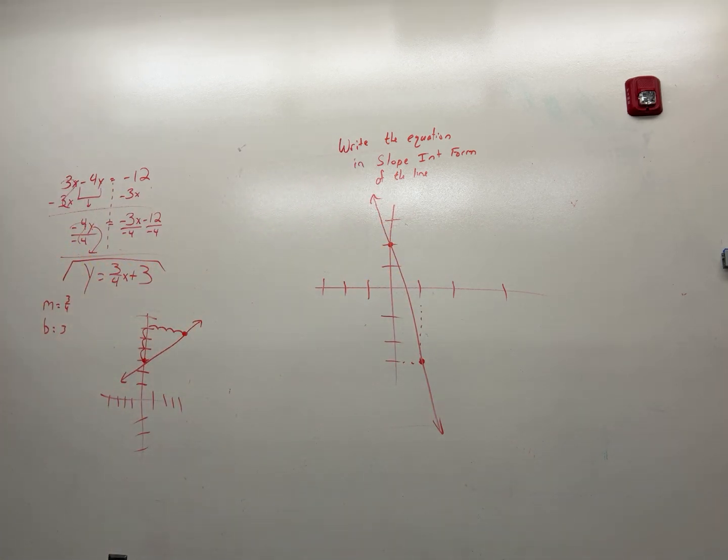So if we're writing the equation, what 2 things do we need? I'm asking, what 2 things do we need? The slope and the y-intercept. You need the slope, you need the y-intercept. So you have to find slope, and you have to find y-intercept. Y-intercept's the easy one.